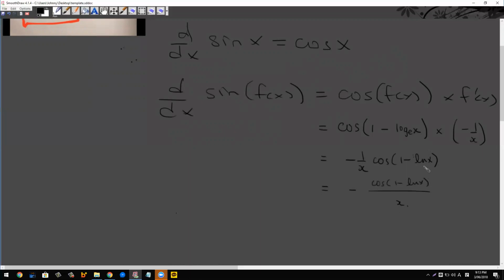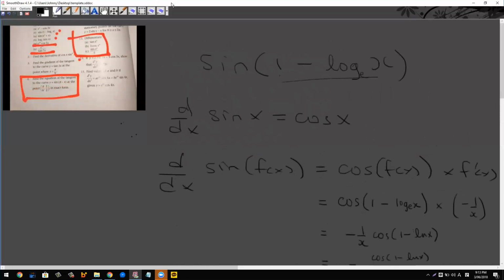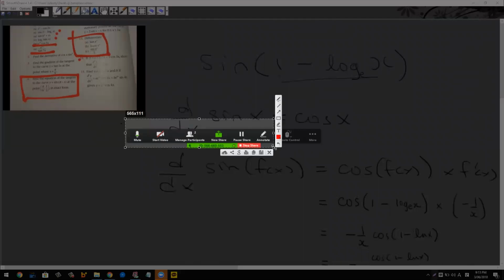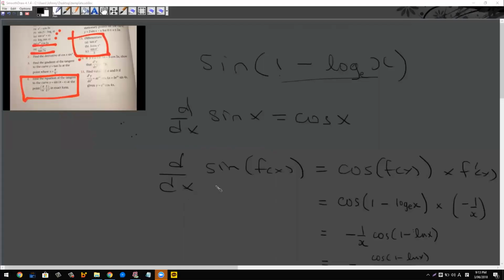Can you write it like this? Hold on, I'll send you a photo of how I wrote it. Can you see this? You can use this annotation button to write on my screen so I can see what you're drawing. Oh, how do I do that? Do you see this button here?